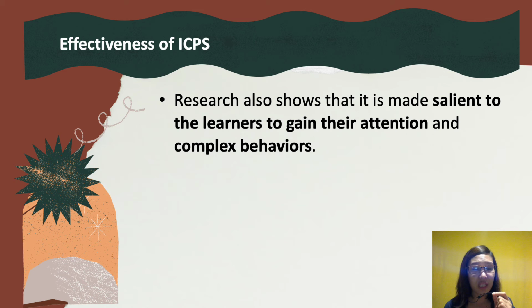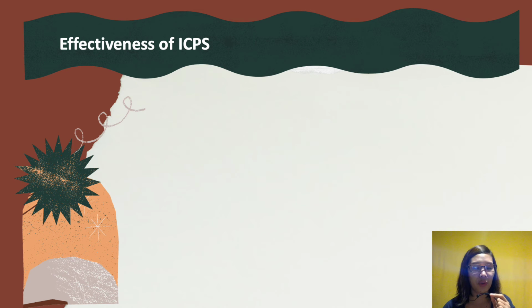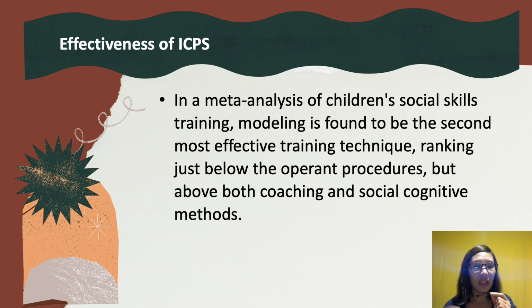According to research, it shows that it is made salient to the learners to gain their attention and complex behaviors. In a meta-analysis of children's social skills training, modeling is found to be the second most effective training technique, ranking just below the operant procedures, but above both coaching and social cognitive method.